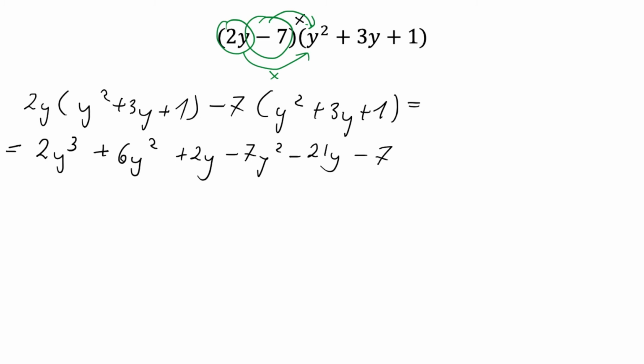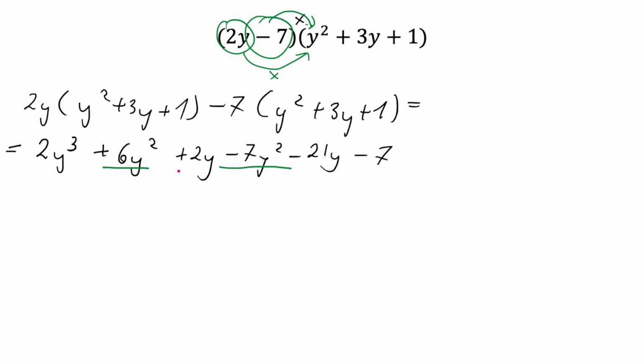Okay, so the next step is to identify similar terms and tidy it up. So we have just one variable, and we have that variable in 3 different powers: cubed, squared, and to the power 1. For cubed, we're looking for similar terms, none. Squared, we have plus 6y squared and we have minus 7y squared, so these are similar terms.